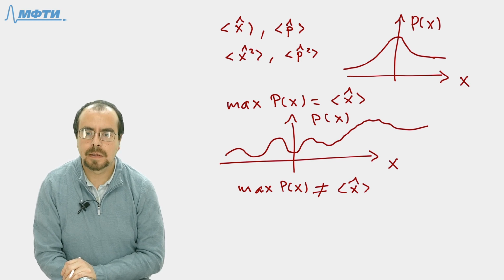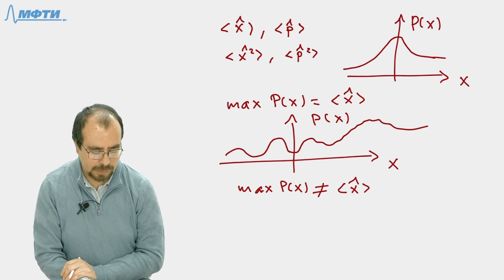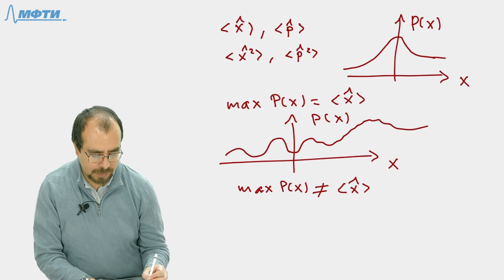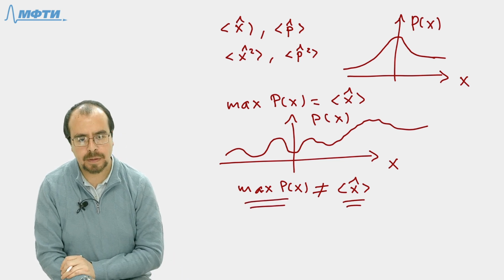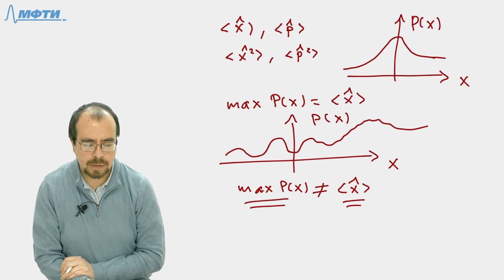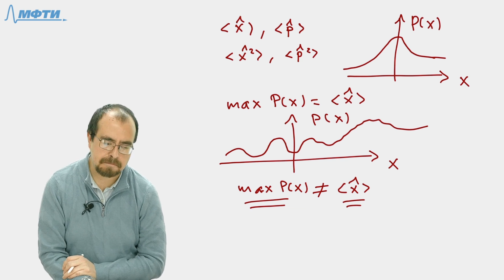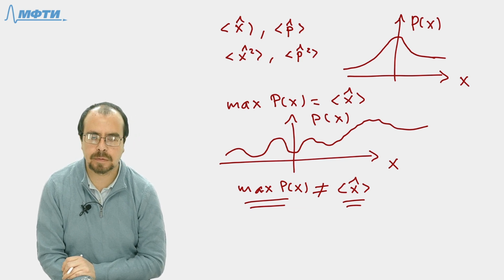This is the difference between the max probability, or the probability itself, and the mean value. I hope that with more experience you will not get confused by this.